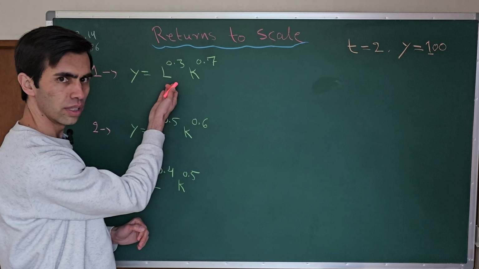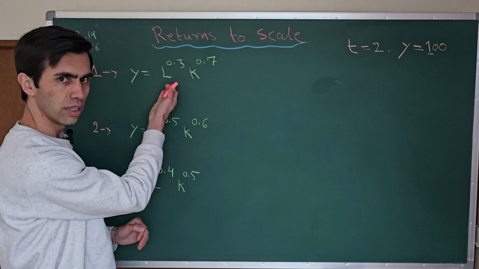If we scale up each input by a factor of 2, then y of 2, the output after scaling by 2, is equal to (2L) to the power of 0.3 multiplied by (2K) to the power of 0.7.